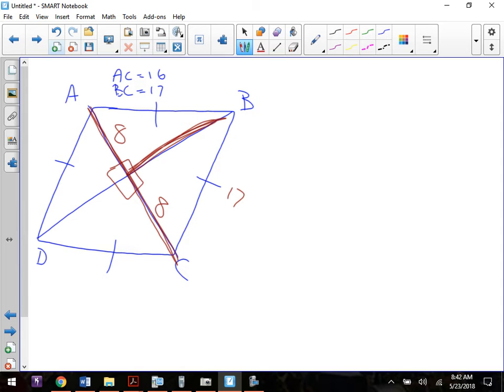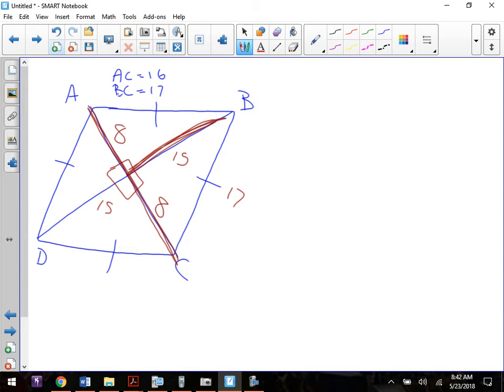Gee, I wonder how you're going to find the missing side length of a right triangle given 2 side lengths. Skip it, yeah, just say IDK and then go to the next problem, right? 8 squared plus something squared is 17 squared. Well, hey, that something is 15, which means the other something on the other side is also 15.